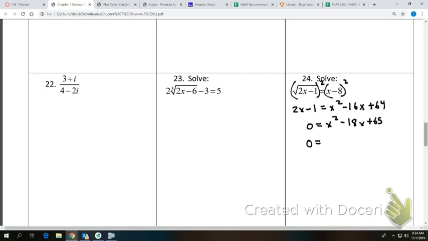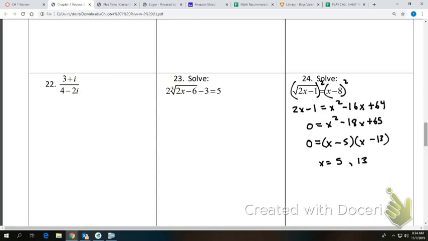On Tuesday, you're the one that threw out the factoring immediately at me. What signs? Minus 5 and minus 6. Okay, thank you. And then, therefore, we get x equals 5 and x equals 13.